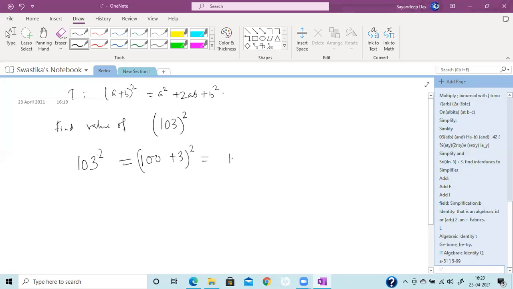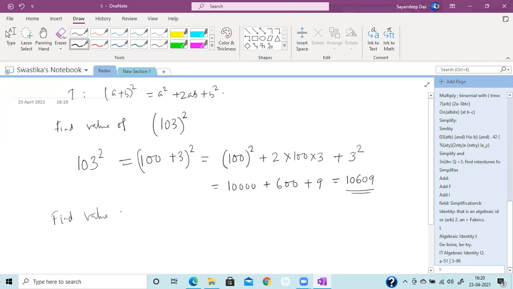Now we expand by using the identity, that is a² + 2ab, that is 100² + 2 into 100 into 3 + 3². So what we will get here? 10000 plus 600 plus 9. So what will be the answer? 10609. So very easily by applying the identity, you can find the value of 103².